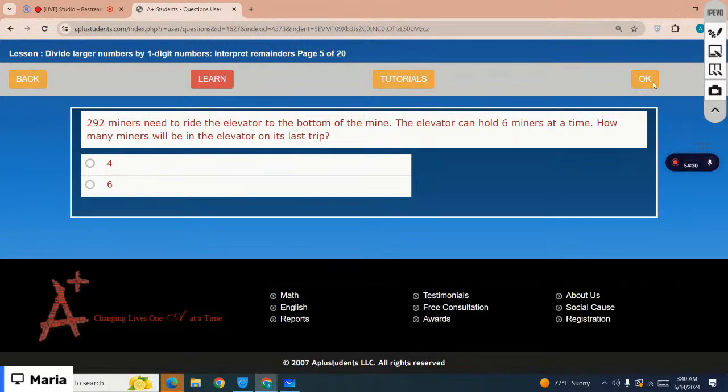So which is the correct option? 4 is the correct option.